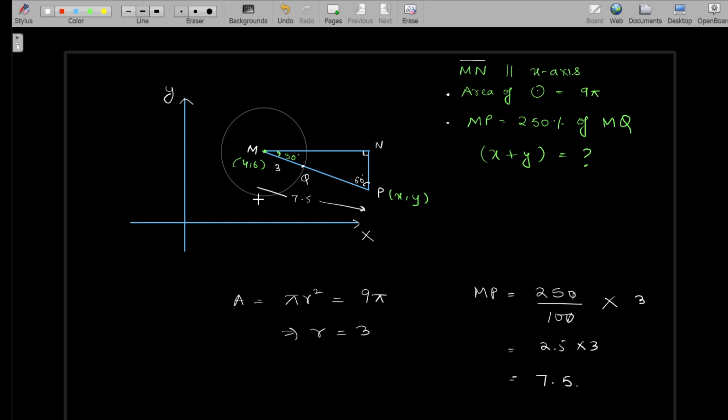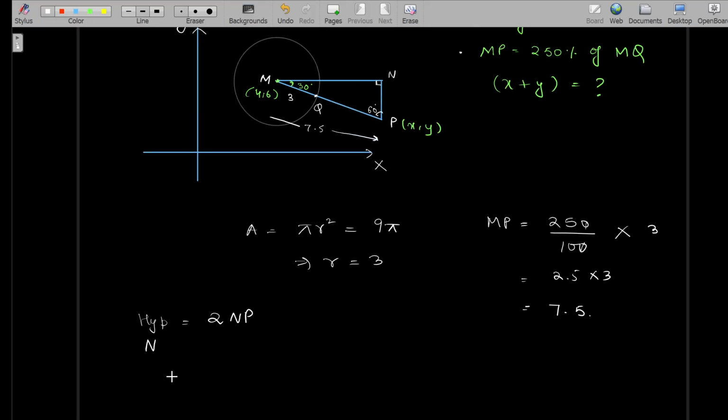In a 30, 60, 90 triangle, the smallest leg is half of the hypotenuse, or you can say that the hypotenuse is equal to 2 times NP. So NP will be equal to the hypotenuse divided by 2, and the hypotenuse is 7.5. So that divided by 2 gives us 3.75. That means NP is 3.75.